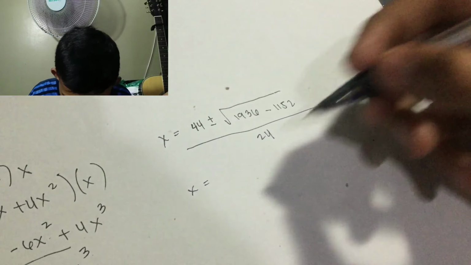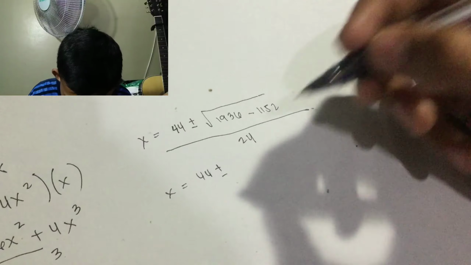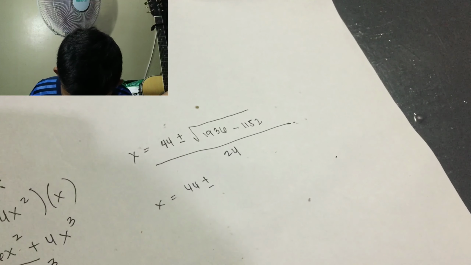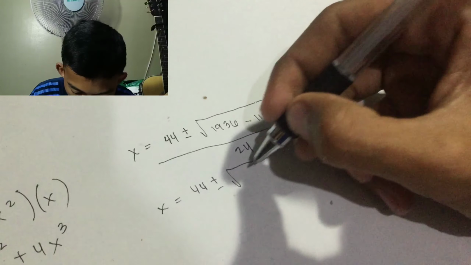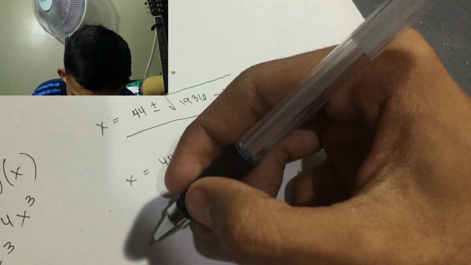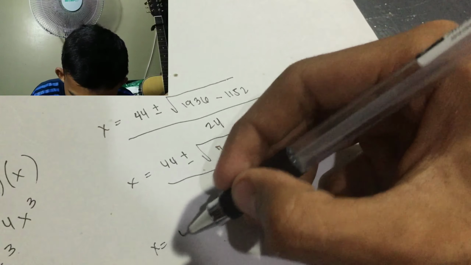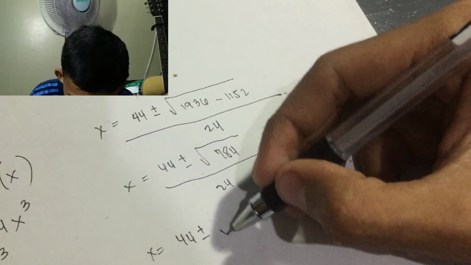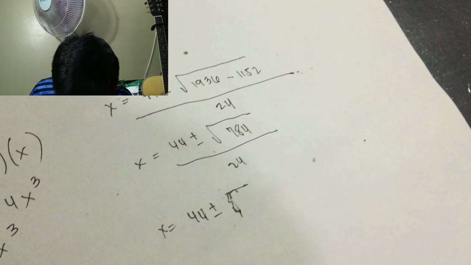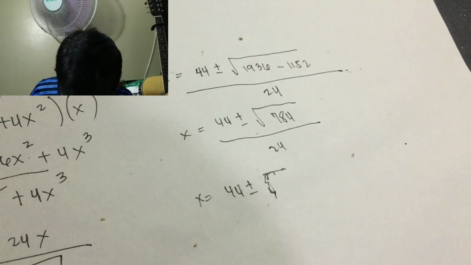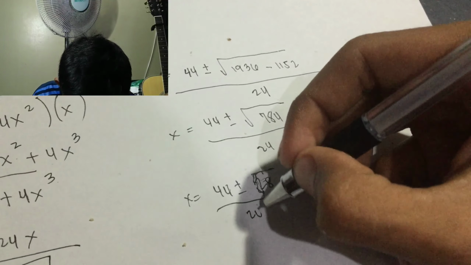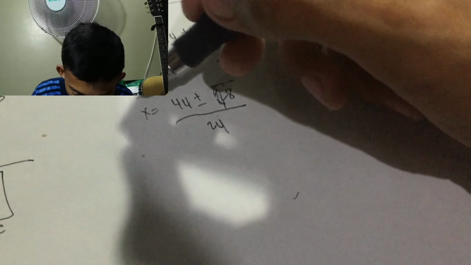Then our x here is 44 plus or minus the square root of 1936 minus 1152, which is 784, over 24. And then the square root of 784 is 28, over 24. So this is now our x.